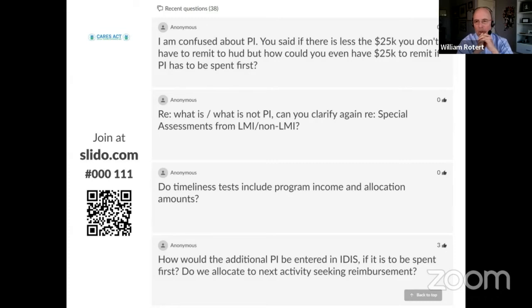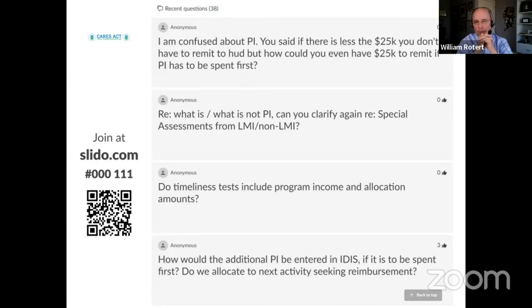The CDBG regulations say that if you use CDBG funds, you cannot recover those costs through a special assessment for low and moderate income households. But there's nothing in the rule that says you cannot recover those costs from non-low and moderate income households.